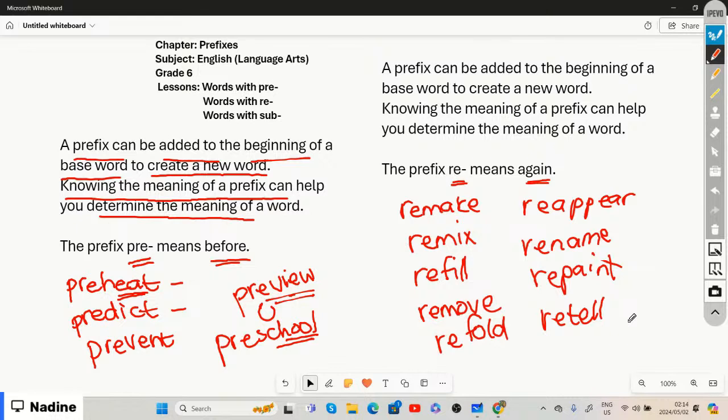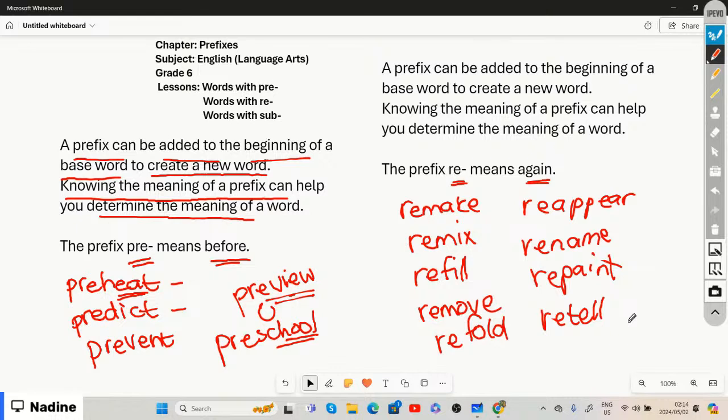It will make it easier because now you know re means this, and re is attached to another word in order to create a new word. Because make is a word that is on its own. To make something, we start from scratch and we are building something. But if we're remaking something, it means that I've started this thing, but now I'm doing it again.